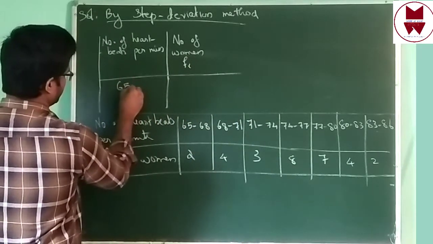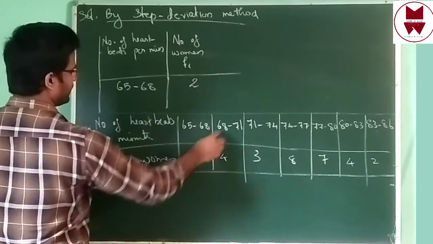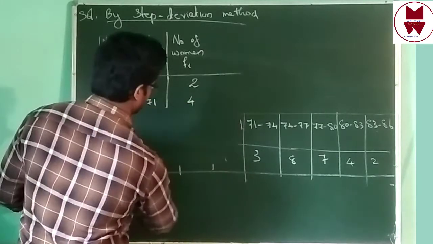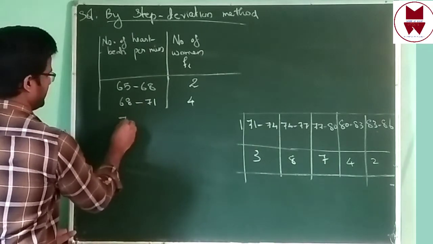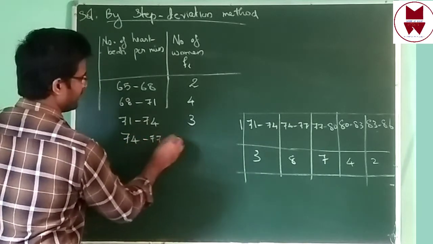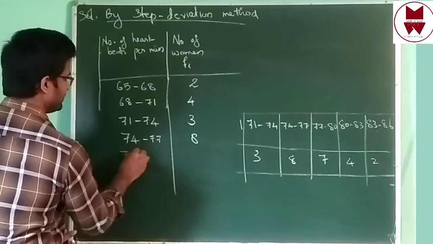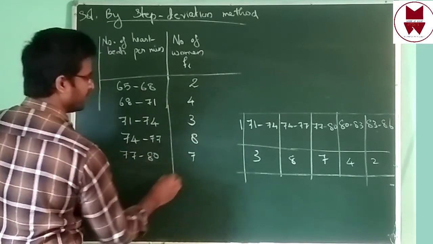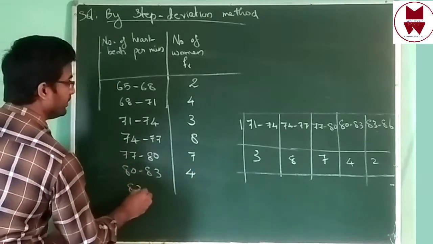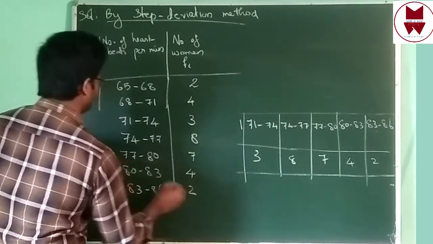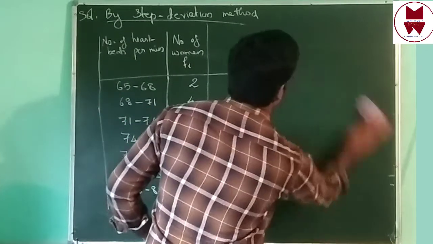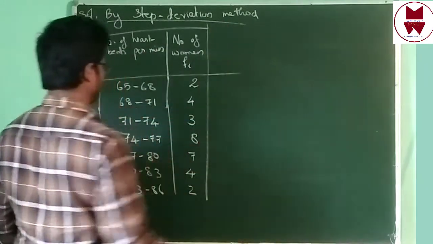First 65 to 68, 2, then 68 to 71, 4, 71 to 74, 3, then 74 to 77, 8, 77 to 80, 7, 80 to 83, 4, 83 to 86, 2. Already given this data.